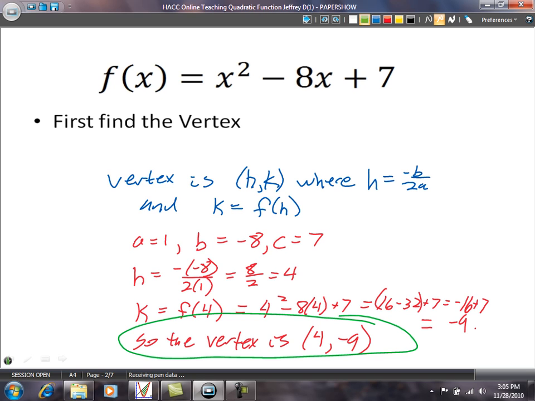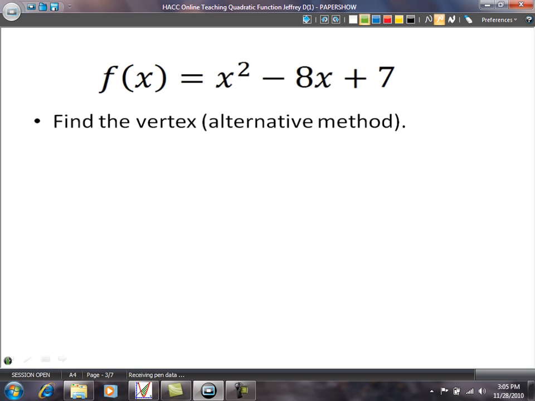Another method which I thought was interesting was using the vertex form. Remember, the vertex form is f of x equals a times (x minus h) squared plus k. And to get this, you have to complete the square.